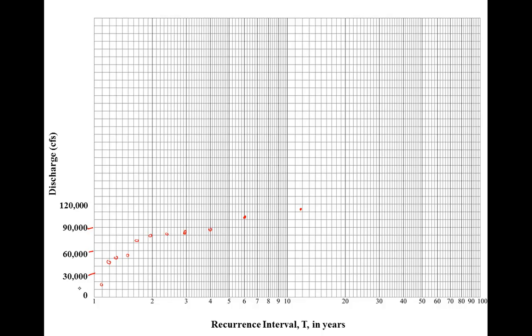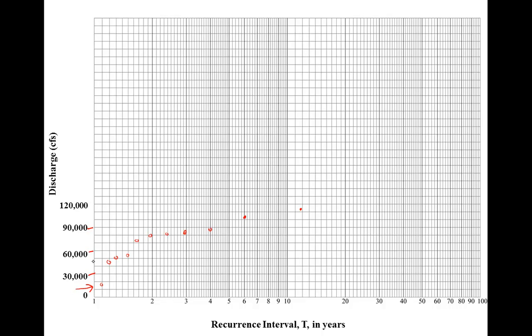Notice that one of the data points looks like an outlier. That data point for the 1.1 recurrence interval is quite a bit lower than anything else. So in drawing our best fit line, we're going to largely ignore the data point that we've identified as an outlier.